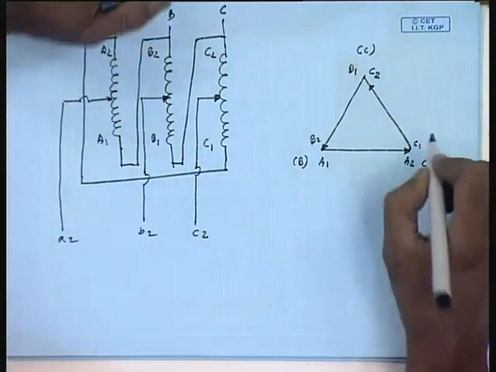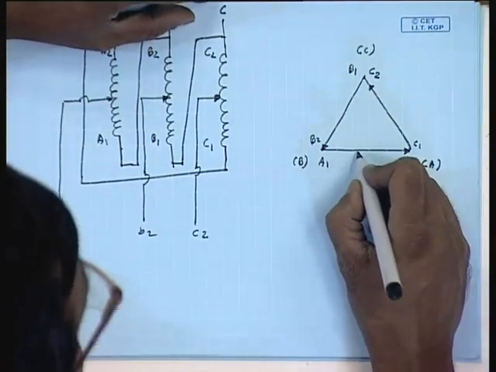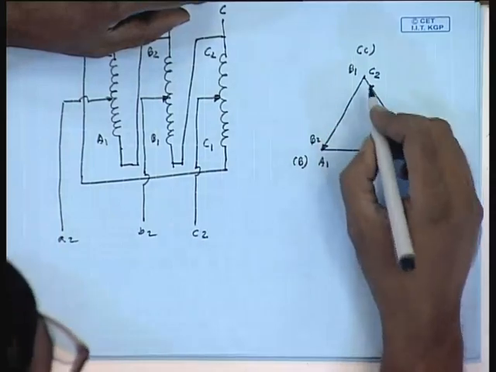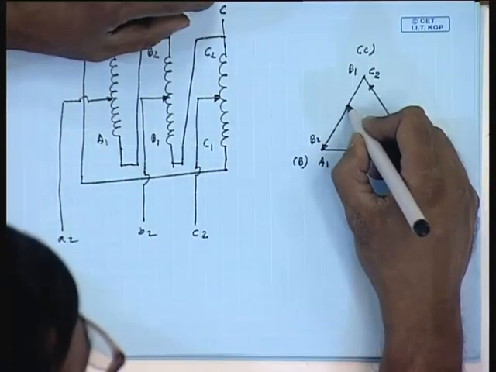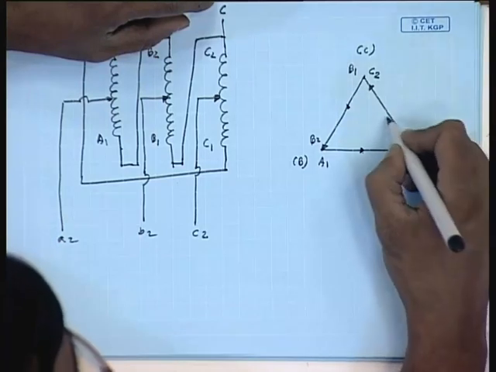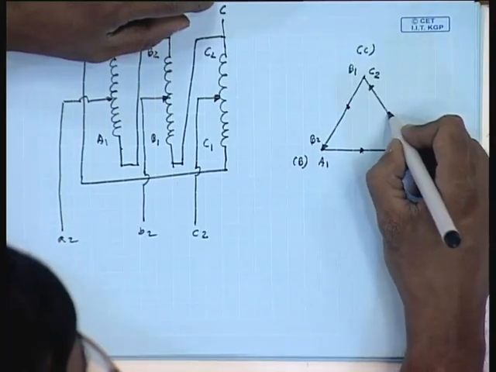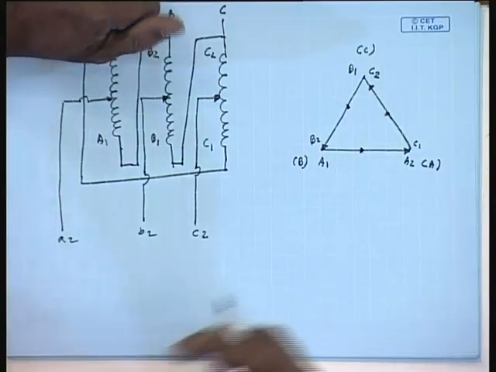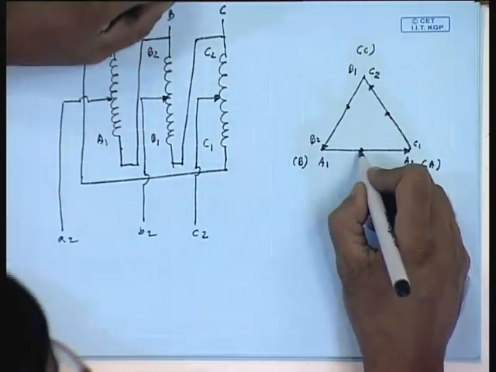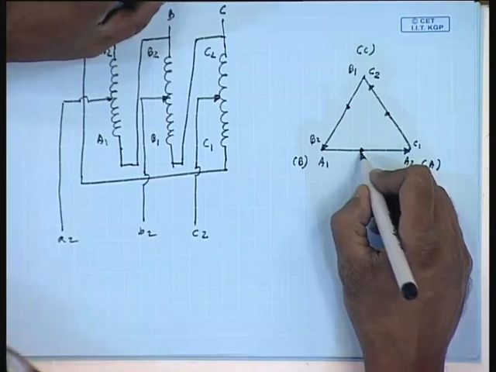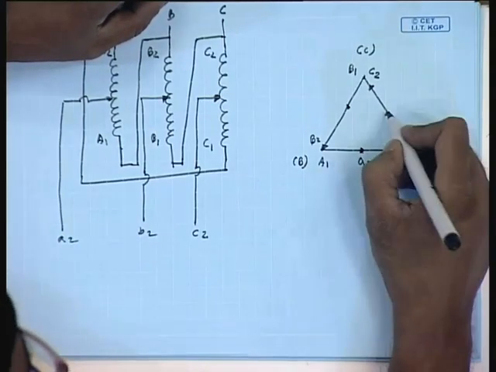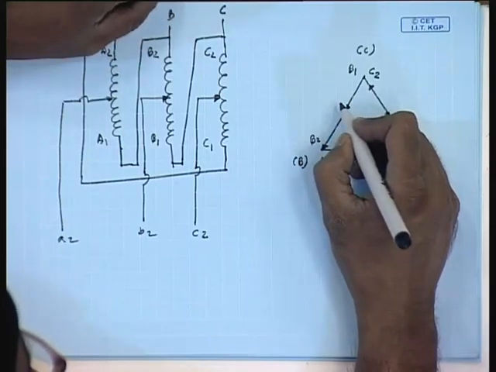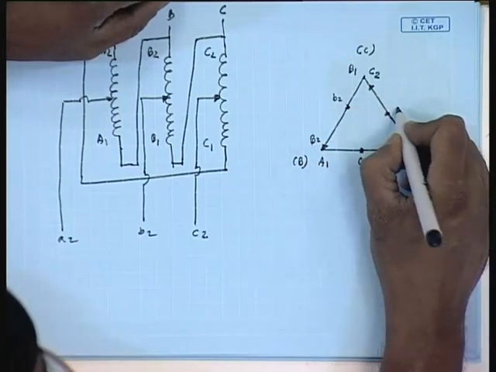So, voltage A1 small a2 will be here, B1 small b2 will be of equal magnitude, and C1 small c2 will be of equal magnitude. So, the voltages, this is the point A2, this is the point B2, and this is the point C2.